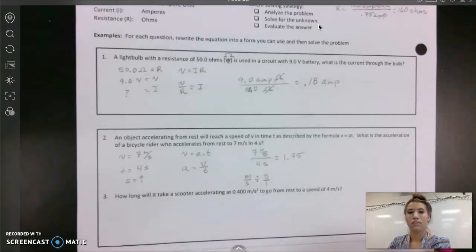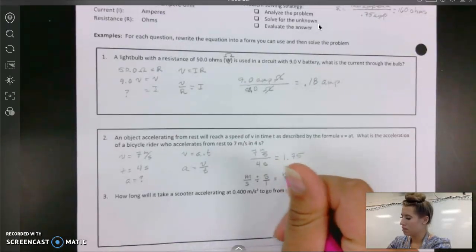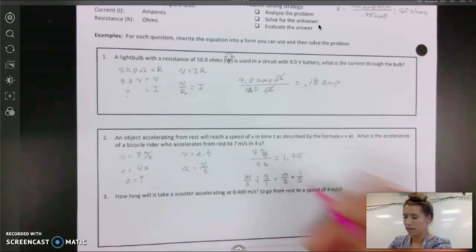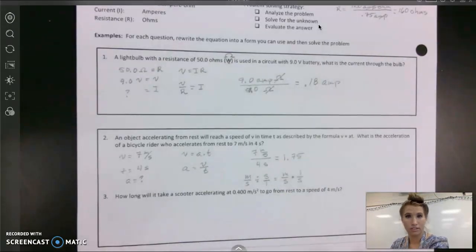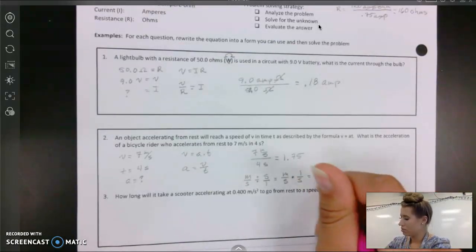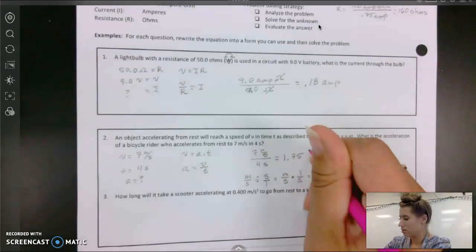Okay? Dividing by a fraction is the same as multiplying by the reciprocal. So this is the same as meters per second times 1 over seconds. Nothing cancels. And so we are left with meters per second squared. That's our units.